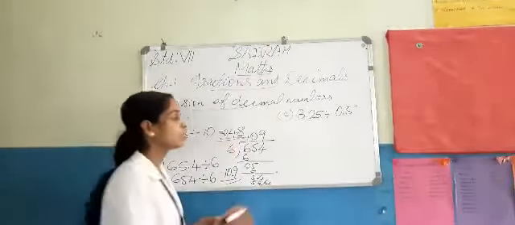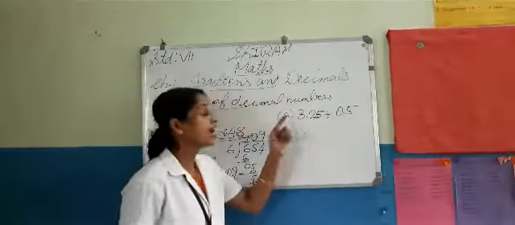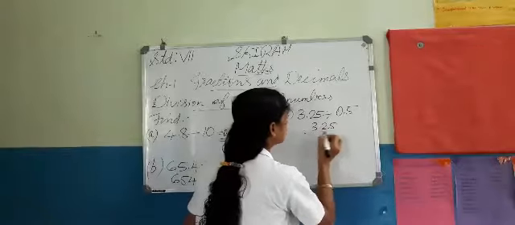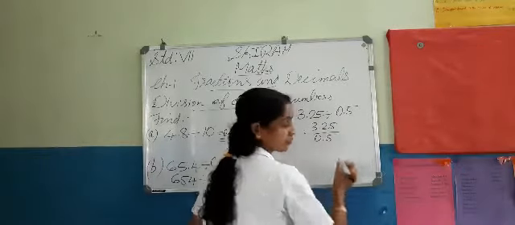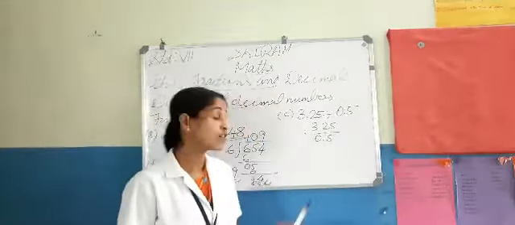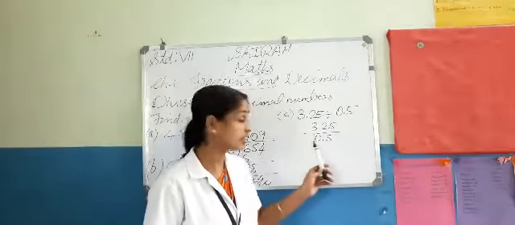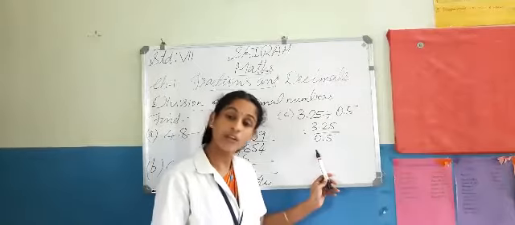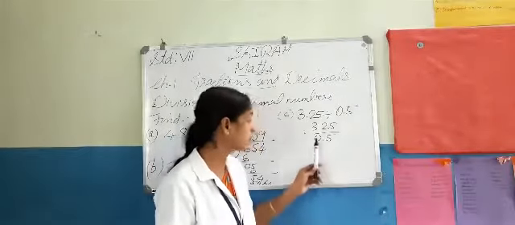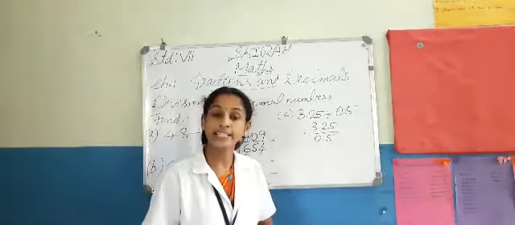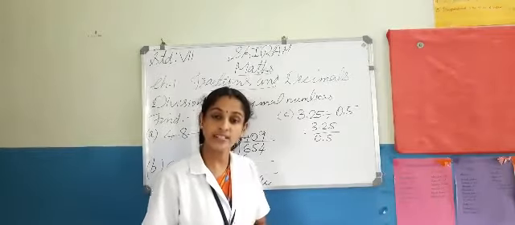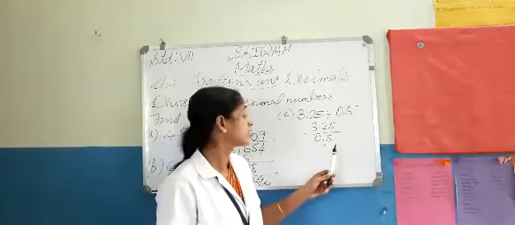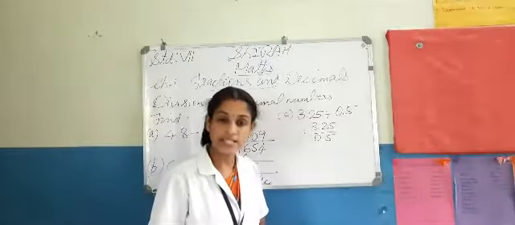Okay, the next problem. Here a decimal number is given to be divided by another decimal number. In this case, first of all, you want to change the divisor into a whole number. For that, multiply the divisor by 10, 100, 1000, etc., as per the number of decimal places.